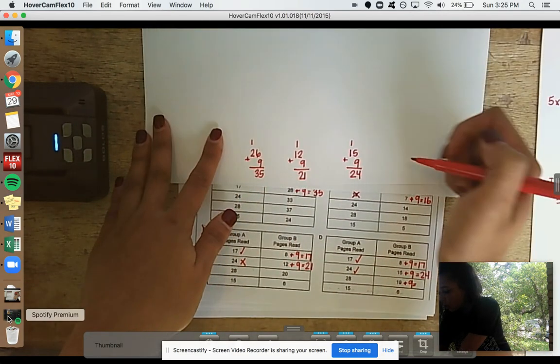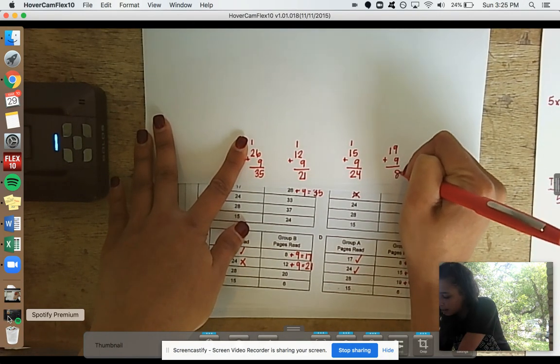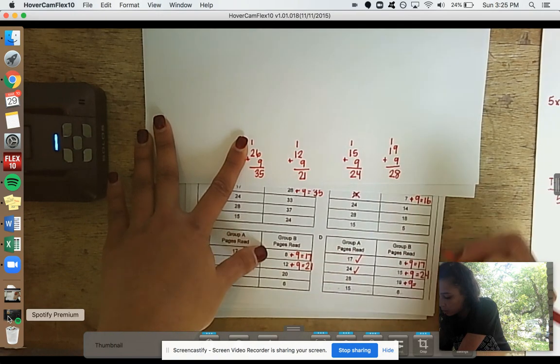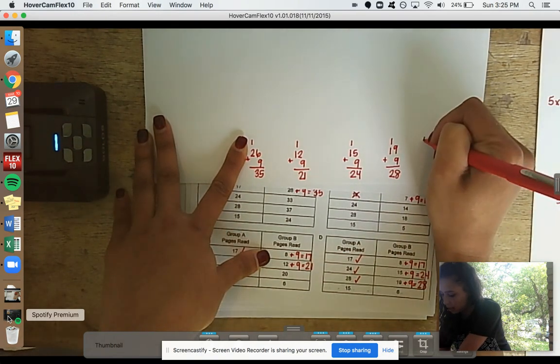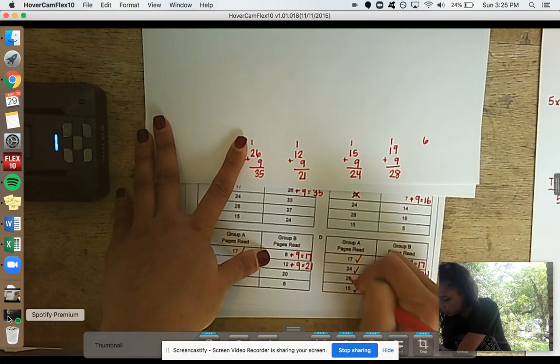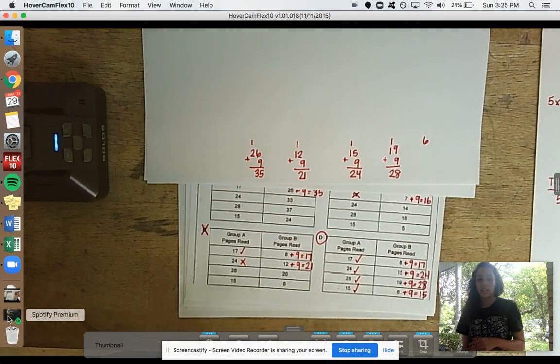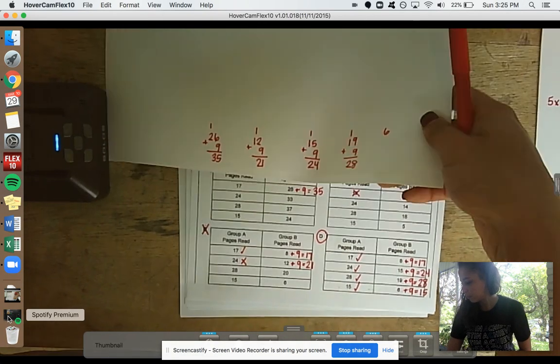Let's check our work. 9 plus 9 is 18. Carry the 1. I have 28, which matches. And then 6 plus 9, I already know, equals 15, which is what they have. So D, I checked every single row and they all are correct. So I know D is the best answer choice for number 3.